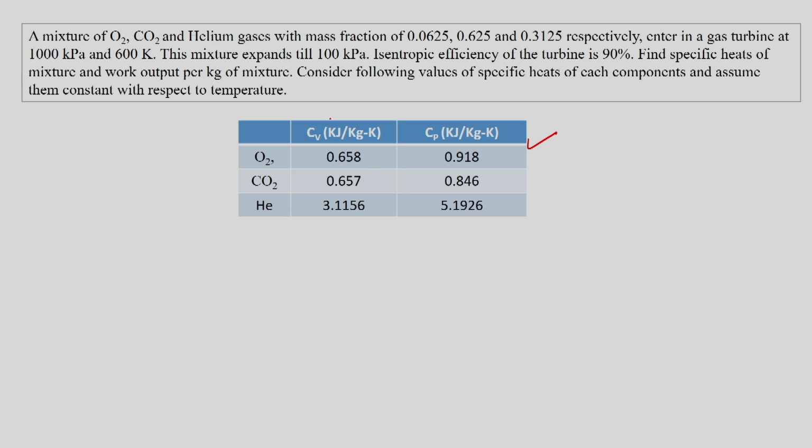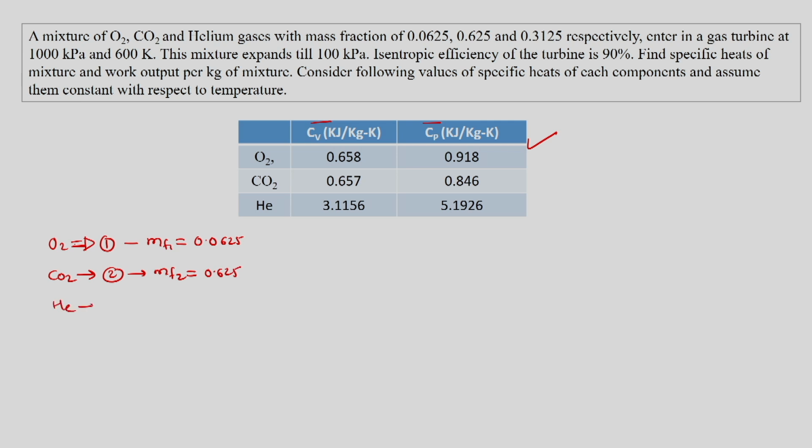So here Cp and Cv both are constant, so gas is ideal for us, and we will again say O2 is equal to 1. So we are given MF1 as 0.0625, we will say CO2 as 2, and MF2 is 0.625.